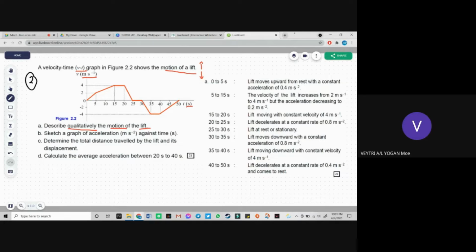Now you guys can see clearly here it's a VT graph, right? Last time we learned the table. ST graph, or displacement time graph, relates to VT graph, or velocity time graph, which relates to the acceleration time graph, the AT graph.